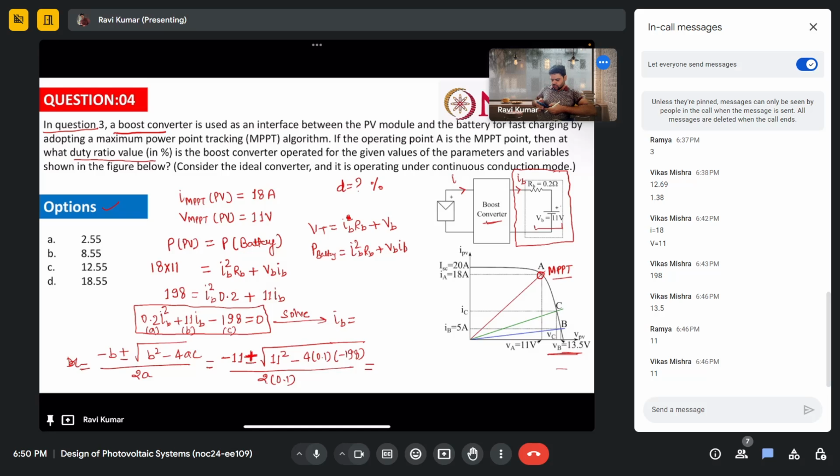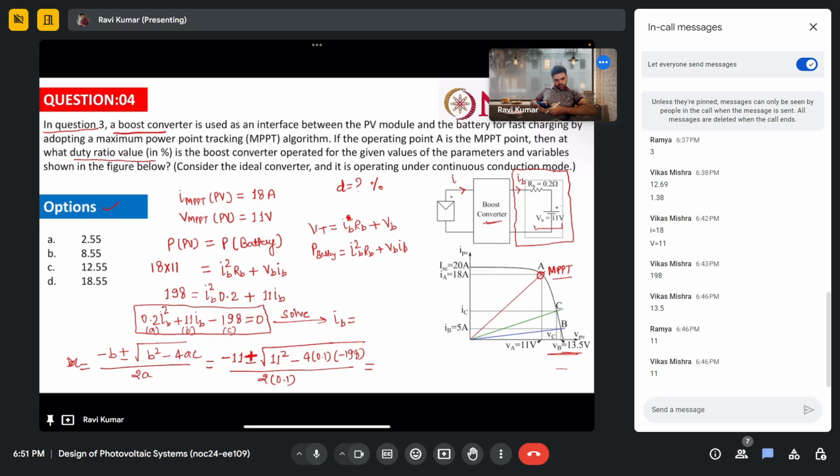Let me solve if you are not doing so. Okay, 11 square, then plus 4 into 0.1 into 198.